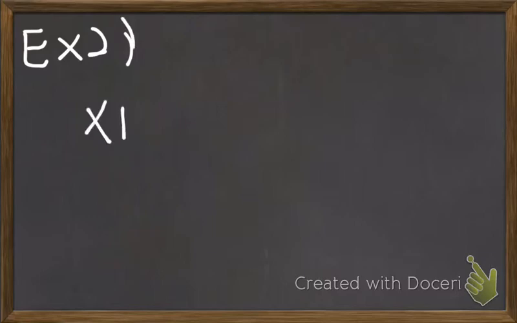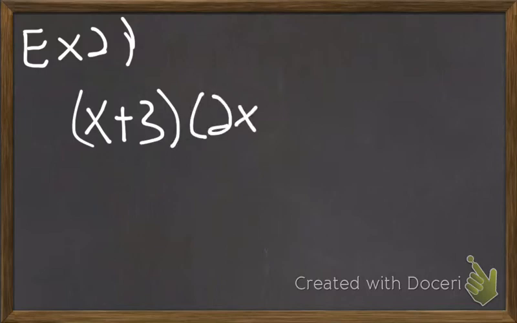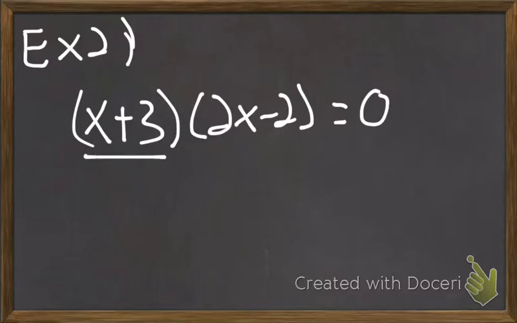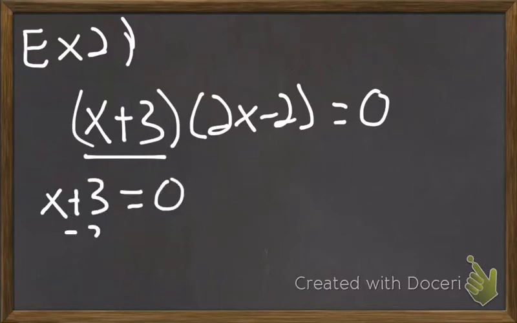Okay, let's do another one. What if we have x plus 3 times 2x minus 2 equals 0? Same idea. If this guy is 0, it's going to be 0 times something. It's still 0, so let's do that first. This one's actually easy.